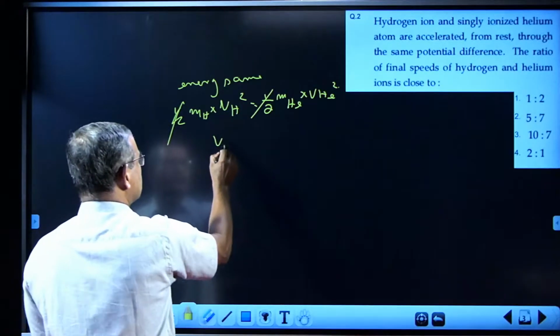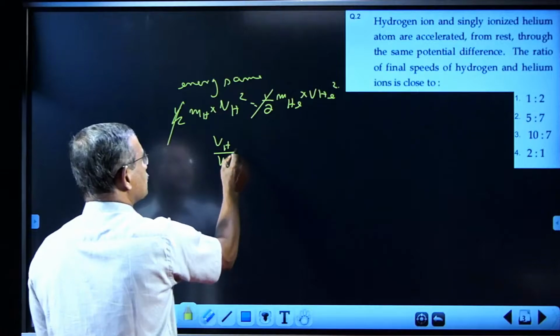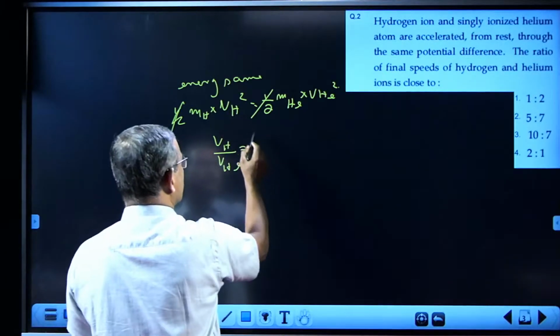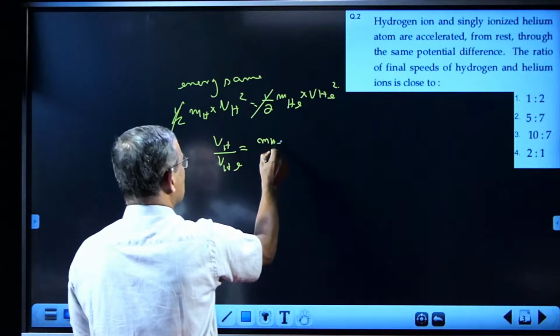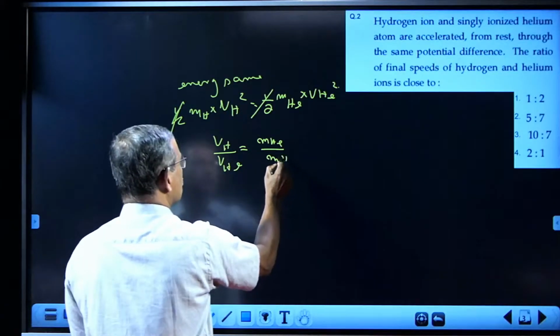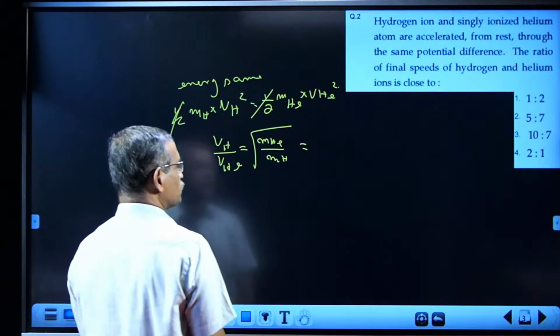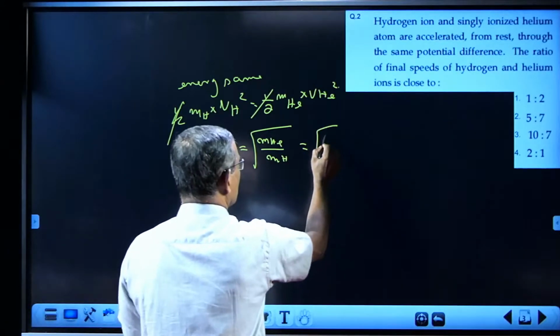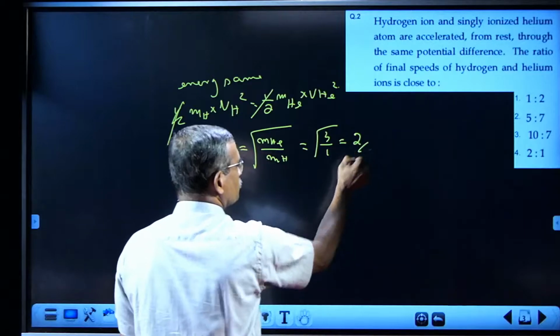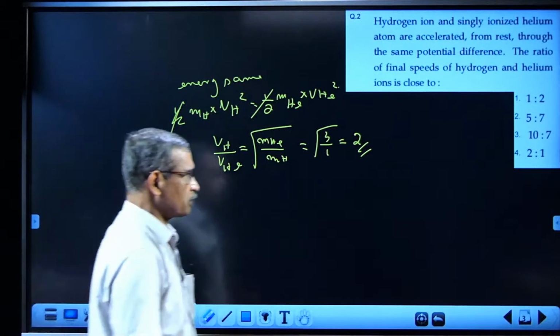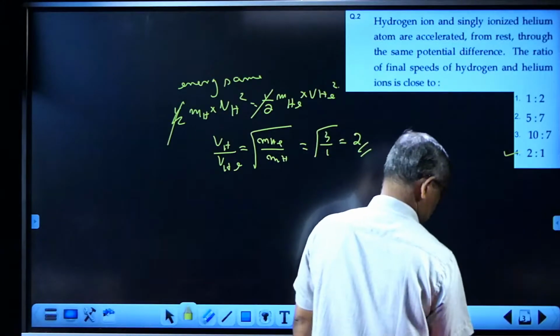So VH by VHe is equal to the square root of MHe by MH. Note, mass of helium is 4 by 1. So the ratio is equal to 2:1 and the option is 4. Simple question.